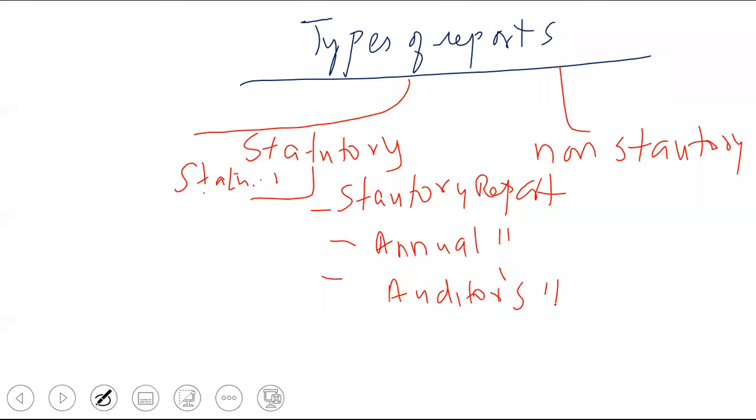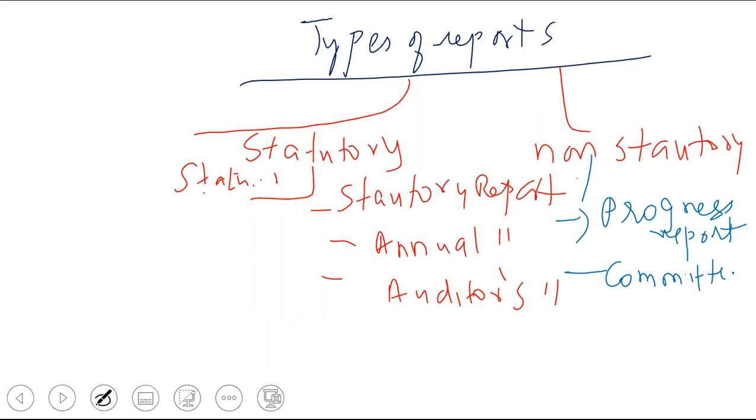Okay, what are the non-statutory reports? In non-statutory report, first one is progress report, like your report card. Next is committee report.